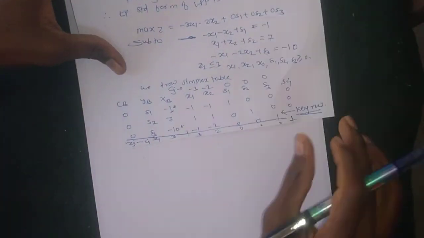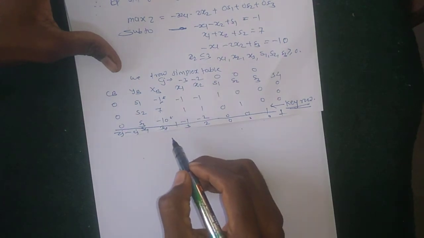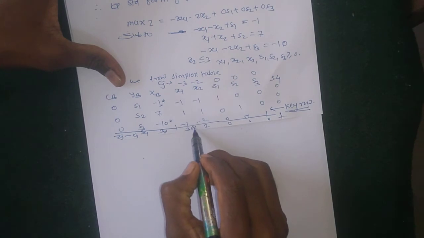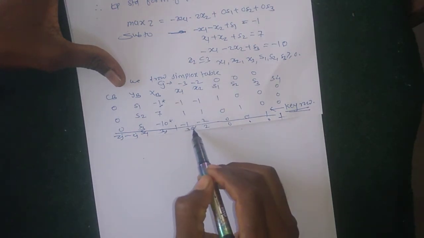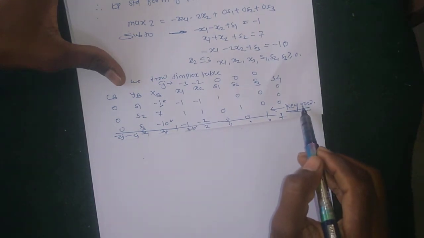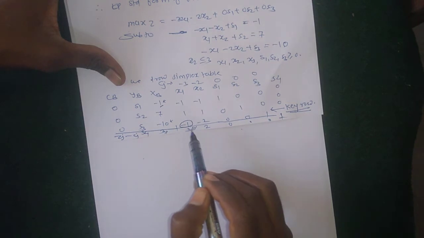In this column we have -3 and here -3, and this is our Yrj in the third row.